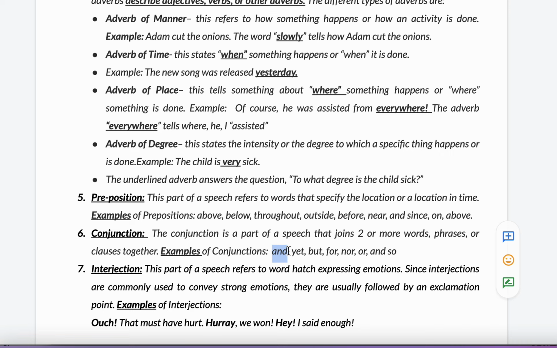Malik is a student. You can say Ali and Malik are students. So we join two sentences. Yet, but, for, nor, or, and so. Some of these are a little high level. I'm sure you don't need it right now, and as we go ahead, if I'm alive, hopefully we can do this.